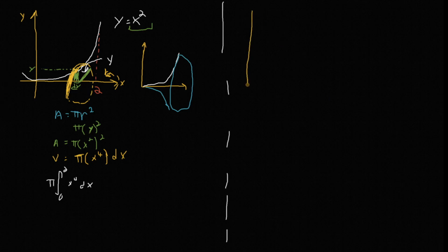But what if we had the exact same function, but we wanted to rotate it around the y-axis? So we have our x-axis here, and we have our y-axis. And so we will have our function y is equal to x squared.